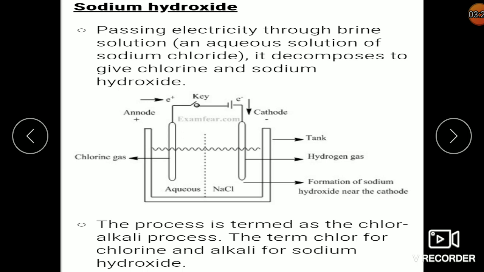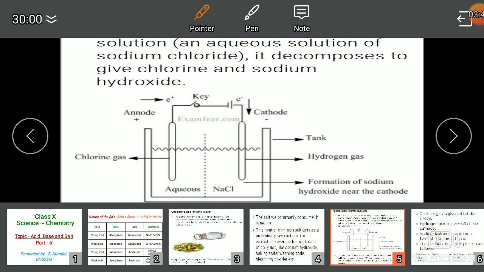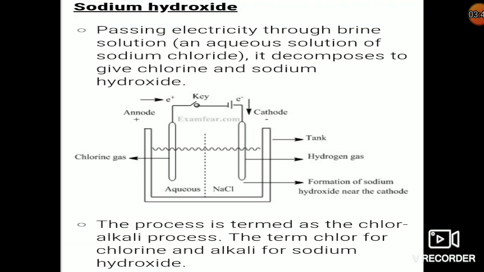In this process, we take a saturated solution of sodium chloride. Here you can see we have taken a saturated solution of sodium chloride, that is called brine solution. The term is brine solution. Now, when we take this brine solution and connect it with two electrodes, that means we do the electrolysis process, connecting with a battery using two electrodes.